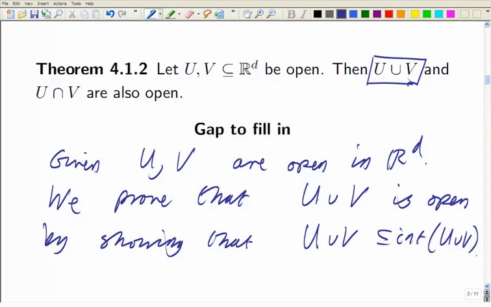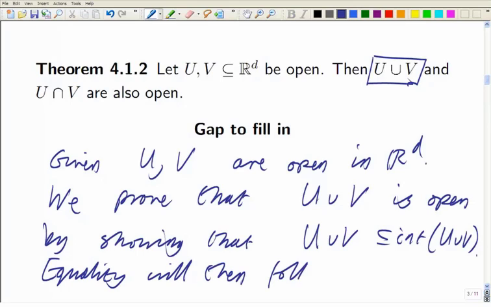Why is that enough? Well, the reverse inclusion is automatic. The interior of any set is a subset of the set. So if we get that, equality follows. And if a set's equal to its interior, then it's open. So all we have got to do is prove that inclusion.